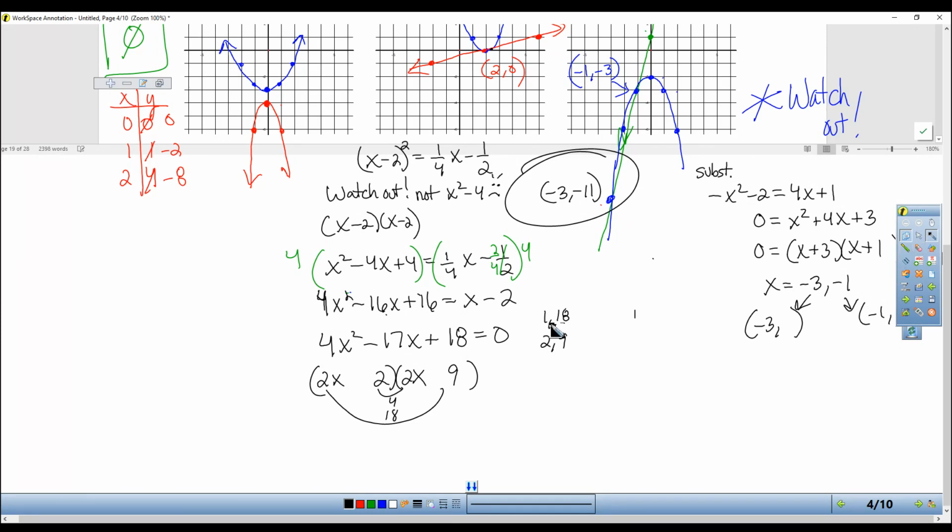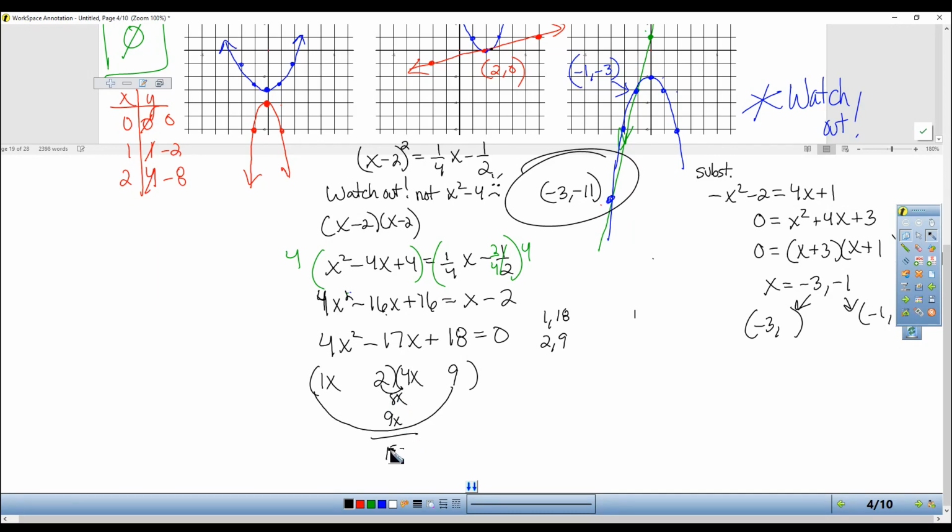Now, believe it or not, before I switch to 1 and 18, which is a little extreme, I actually usually change the other one instead. While 2 and 2 is going to be the answer 90% of the time, sometimes it is 4 and 1. So 1x and 4x, and that's going to give me 9 and 8, which is 17.